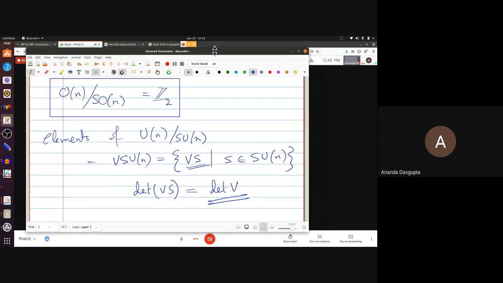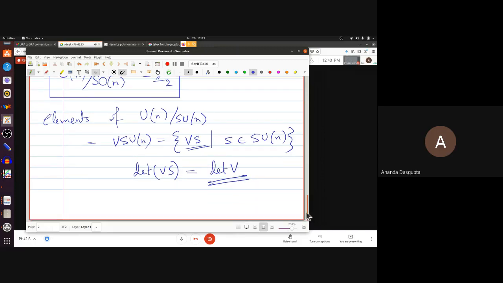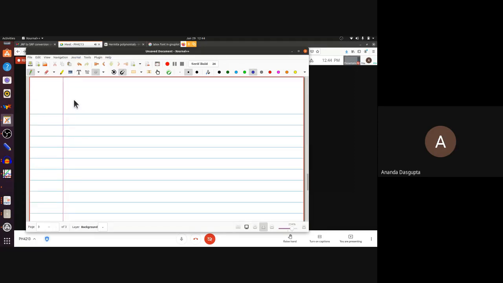So that essentially means there is obviously a one-to-one correspondence, at a set theory level, not necessarily at a group level as of now. I'm not claiming it's an isomorphism, but definitely there's a one-to-one correspondence between a coset V SUN and the determinant of V, right?